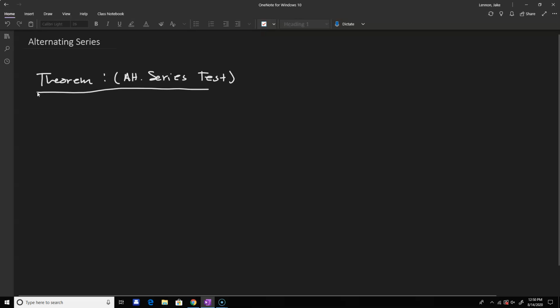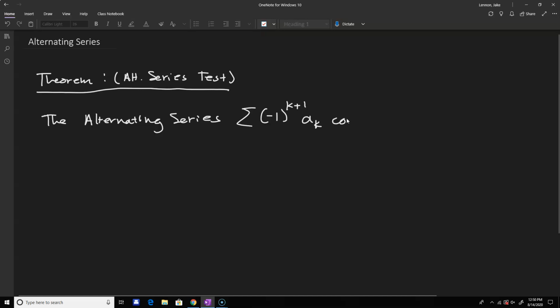So what does the alternating series test say? The alternating series, and we'll be explicit, the sum of (-1) to the k plus 1 times a sub k, converges provided, one, the terms of the series are non-increasing.